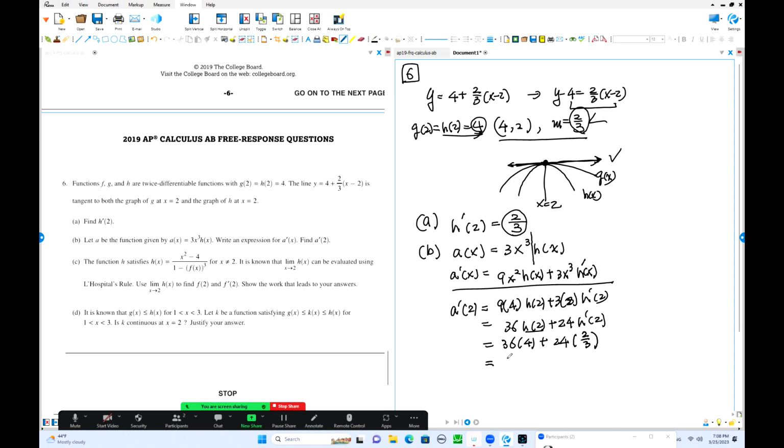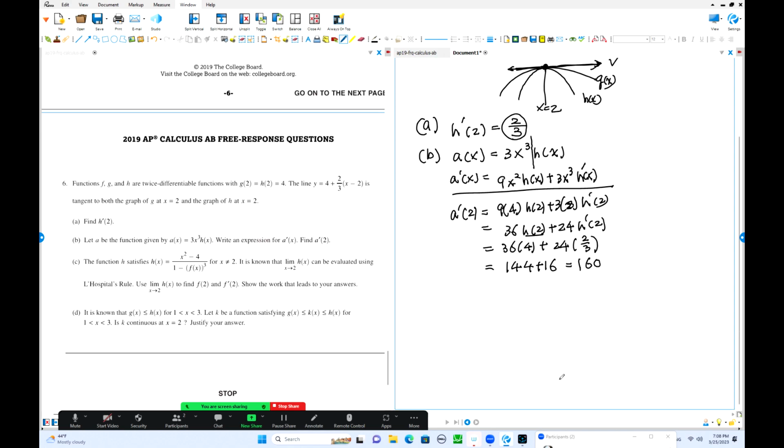Now simplify: 144 plus 16 is 160. 160 is the answer. Number 1 and 2 are okay, right? I think you can do parts A and B. Definitely. Now try the next two.